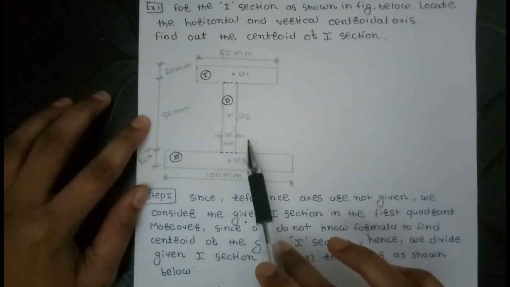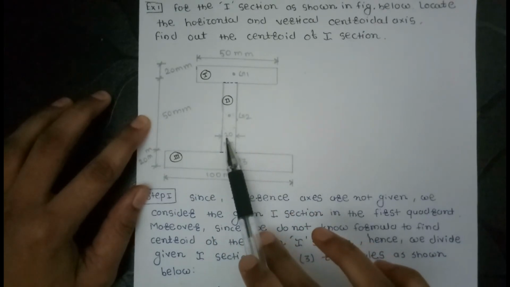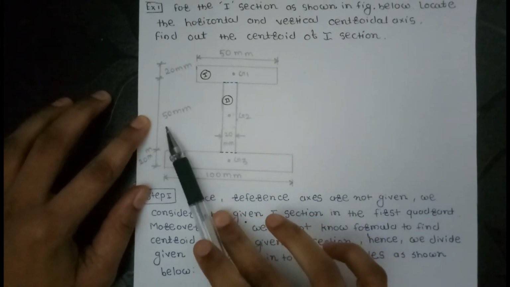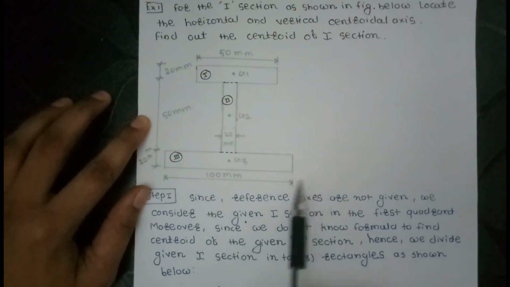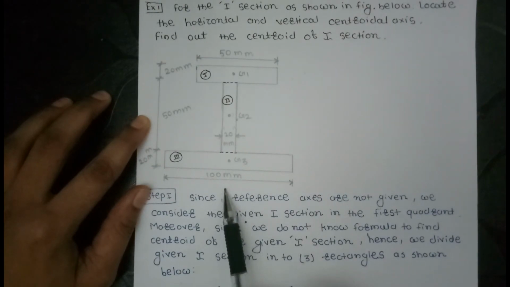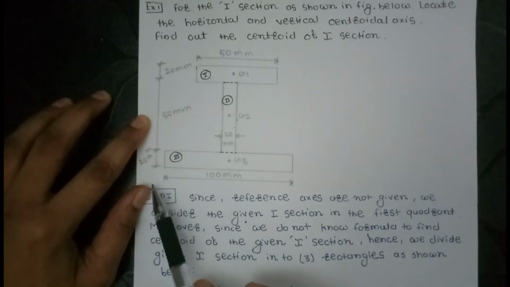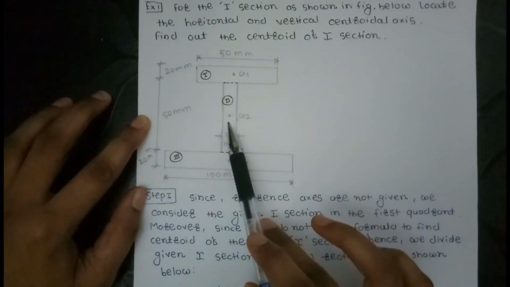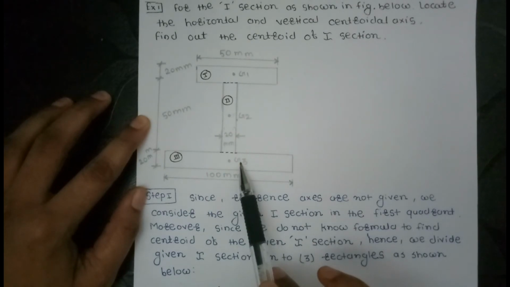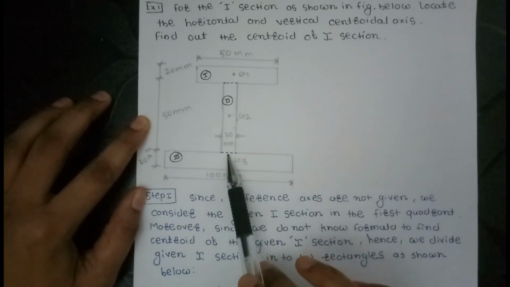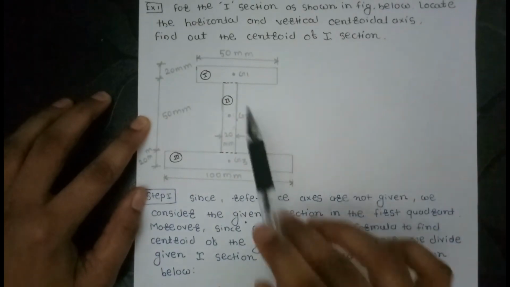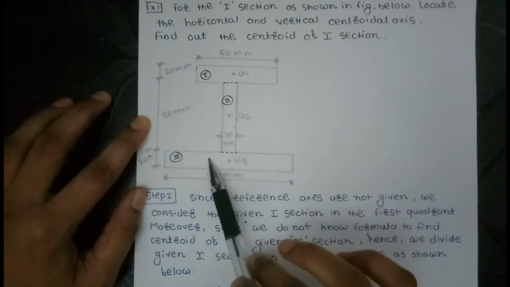This is the web section having width of 20 mm and depth of 50 mm, and this is the bottom section having width of 100 mm and depth of 20 mm. G1, G2 and G3 are the centroids of section first, second and third.